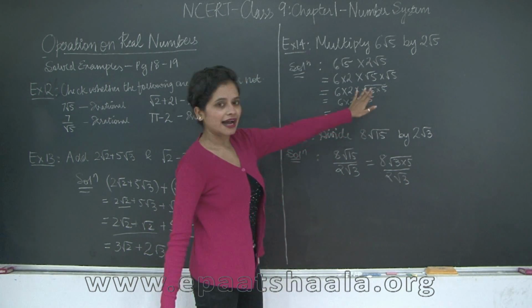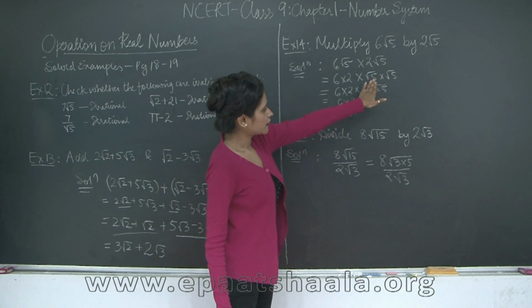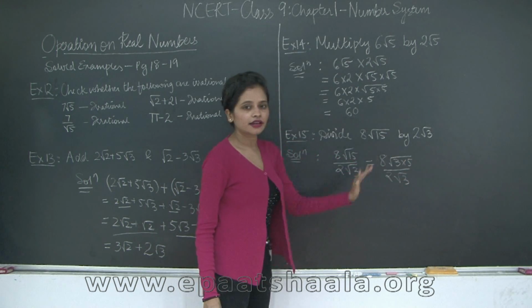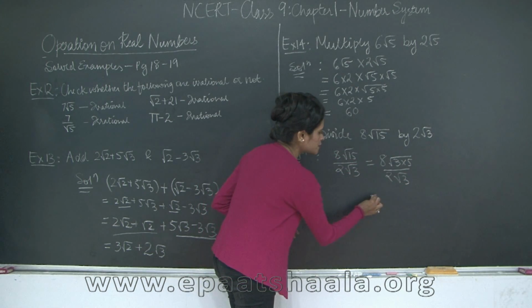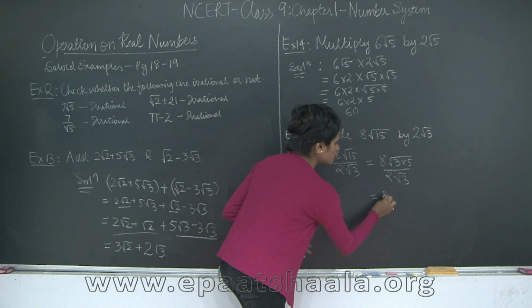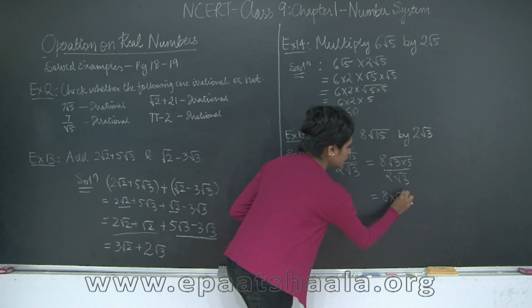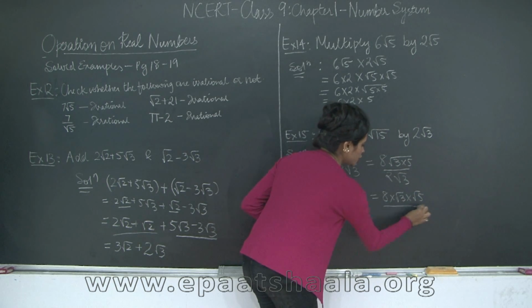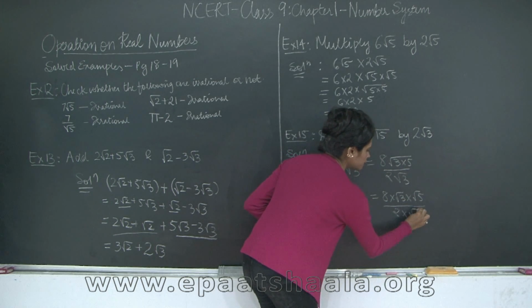Now just like I had combined these two terms, I can split the terms given under the root sign. So I am going to split these two terms individually under two separate roots. So this is going to be 8 into root 3 into root 5 upon 2 into root 3.